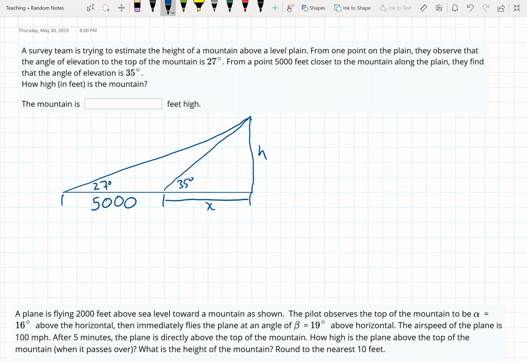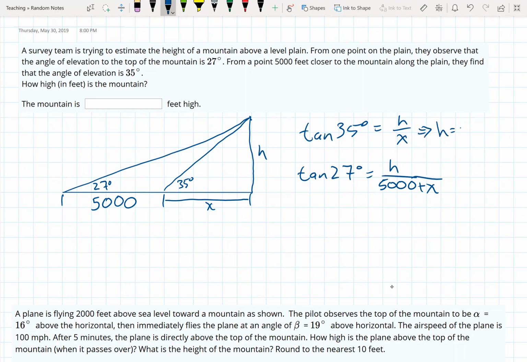All right, so basically what I had done when I didn't have video was I set the tangent of 35 degrees equal to opposite h over adjacent x. And then the tangent of 27 degrees is opposite h over adjacent 5,000 plus x. The entire base of the big right triangle is 5,000 plus x. Then I solved the top equation for h so I could substitute that into the second equation.